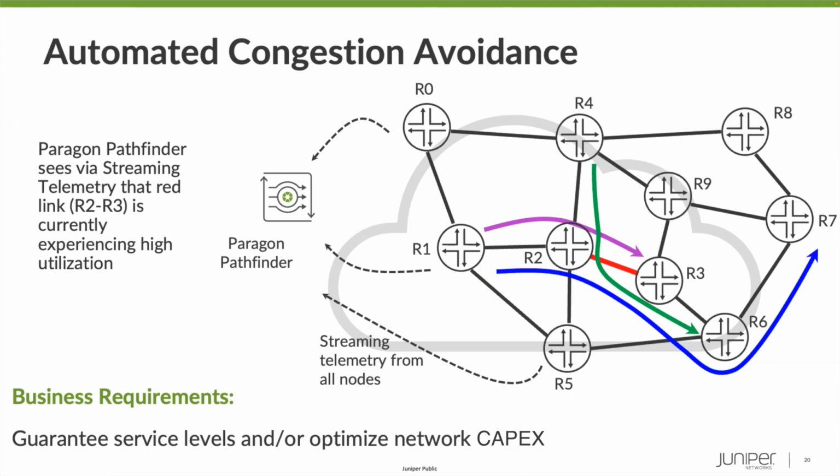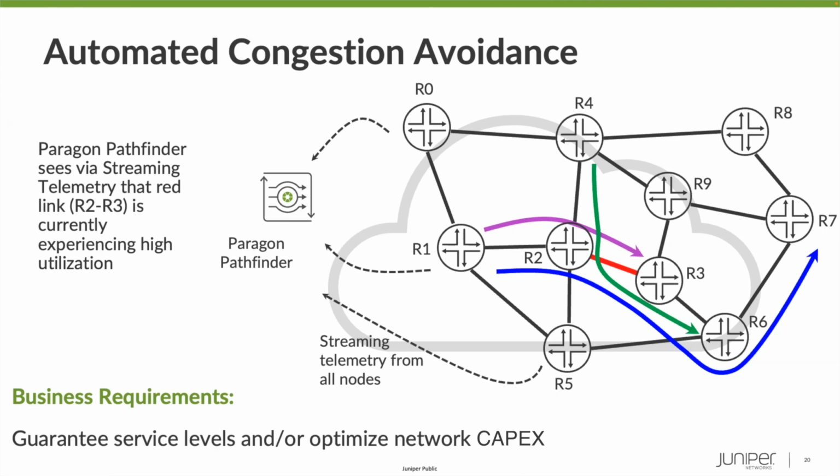Also, it knows which LSPs are passing through that link, and furthermore, it knows through the streaming telemetry how much traffic is traveling on each of those LSPs. And so Pathfinder has all of the information it needs in order to work out which LSPs to move away in order to ease the congestion.